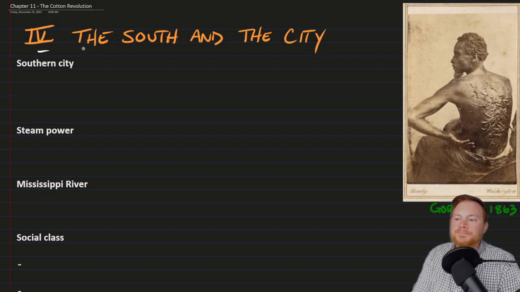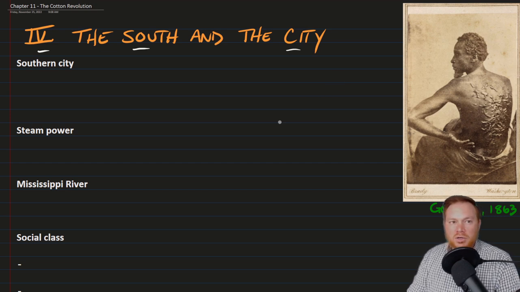Section 4, South and the City. And so one of the consequences of the South becoming much more engaged in international trade, primarily by exporting cotton, was that a lot of southern cities went through some pretty profound transformation.